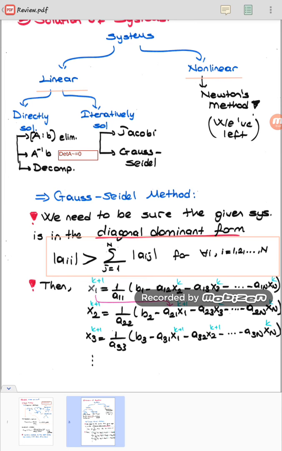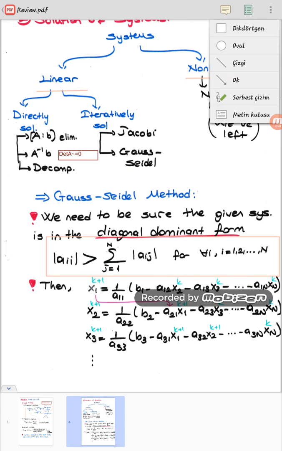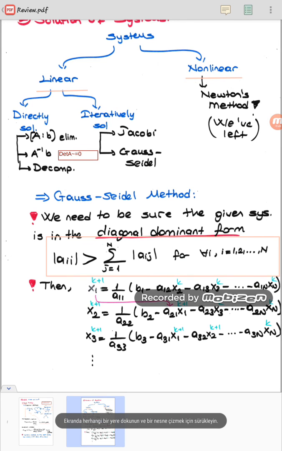The Gauss-Seidel method uses the idea of using the points that you have already obtained. So for instance, in the first step, you can see what I mean here. In the first step, I don't know x2, x3, x4.